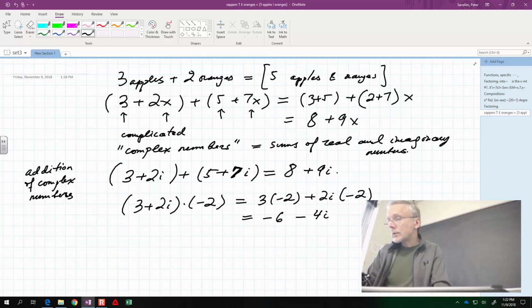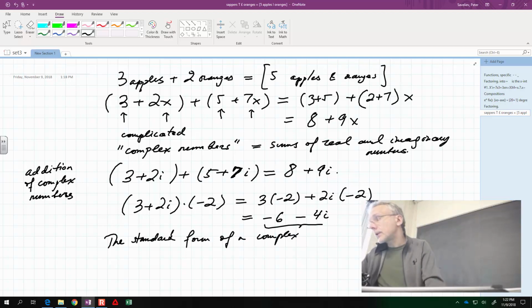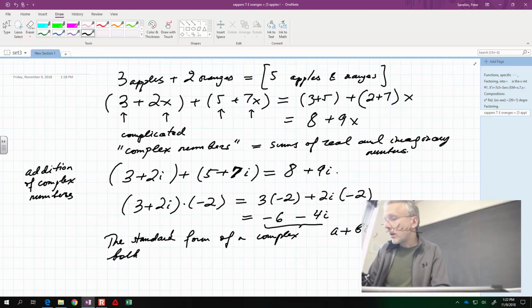This is why I refer to it as a complex number. Specifically, it is the standard form of a complex number. It's made of real and imaginary parts, a plus bi, where both a and b are real.